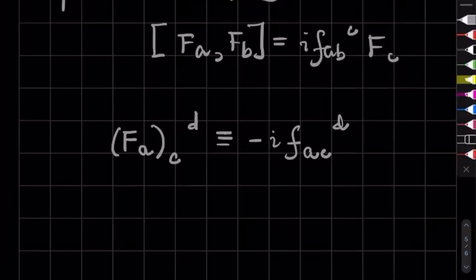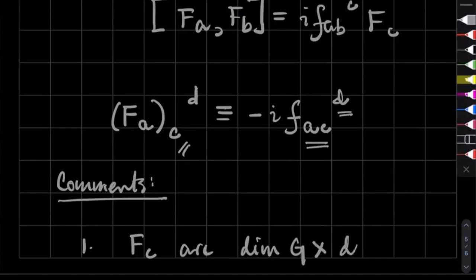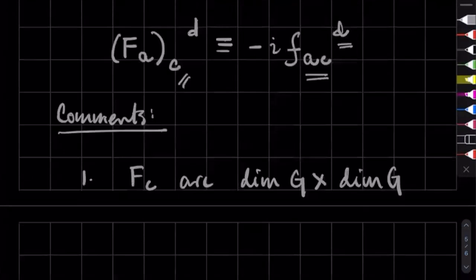Now let's make some comments. See that the indices here run from 1 to the dimension of the Lie algebra of the Lie group. Therefore, the adjoint representation matrices are of dimension of the Lie group or the Lie algebra times the dimension of the Lie group or Lie algebra.